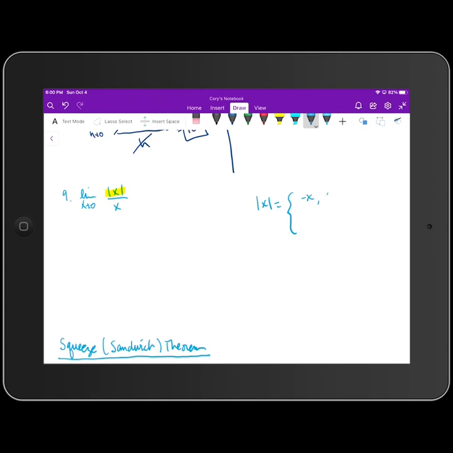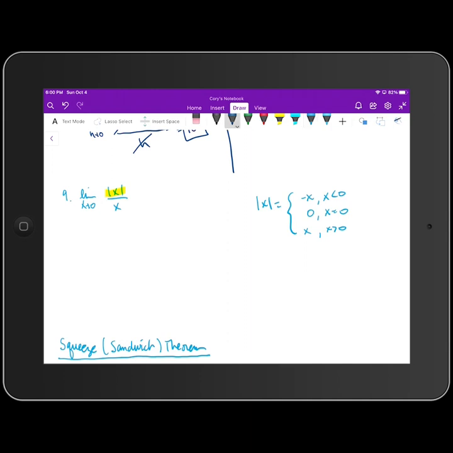We define it as negative x when the x values are less than 0, as 0 when the x values are equal to 0, and as x when the x values are greater than 0. So depending on whether I take the limit as x approaches 0 from the left-hand side or from the right-hand side, that's going to affect the absolute value function and how we rewrite it.